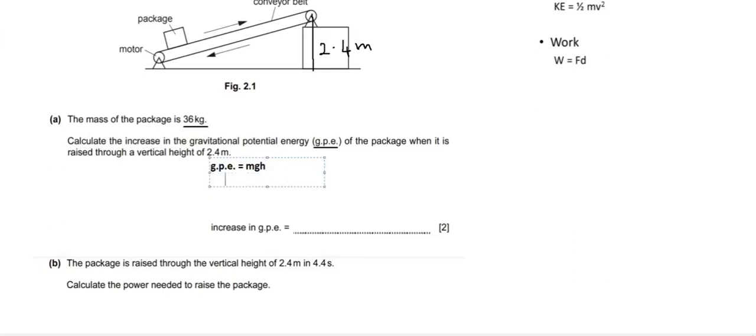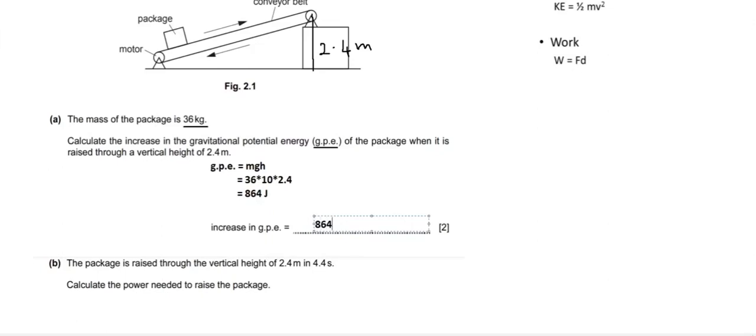and here the value of the mass is given, that is 36 kg, multiplied by the g value, we take 10 for simplification. Height, that is 2.4, is already given. So we are getting roughly the value of around 864 joule. 2 or 3 significant figures are okay.